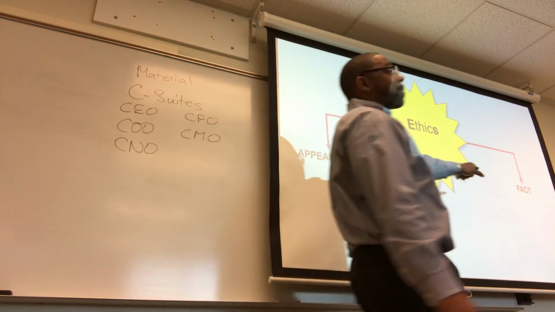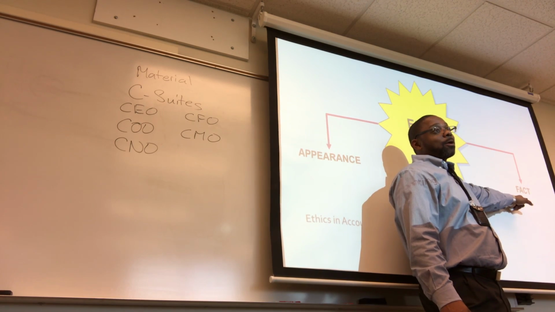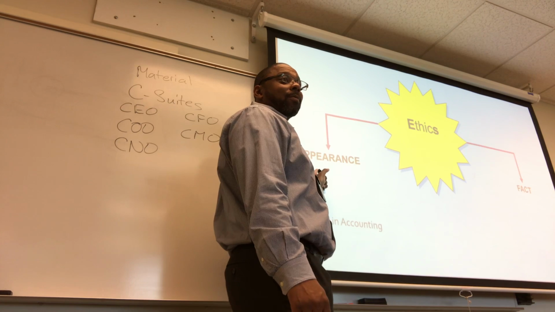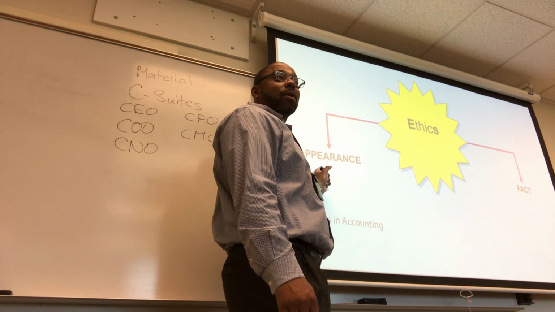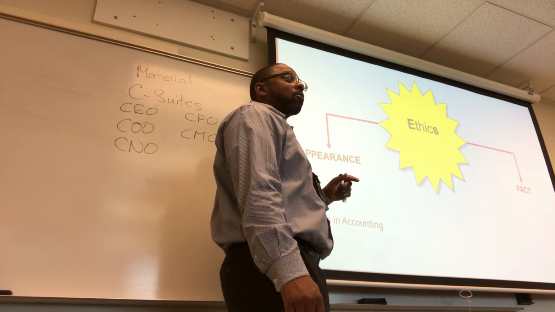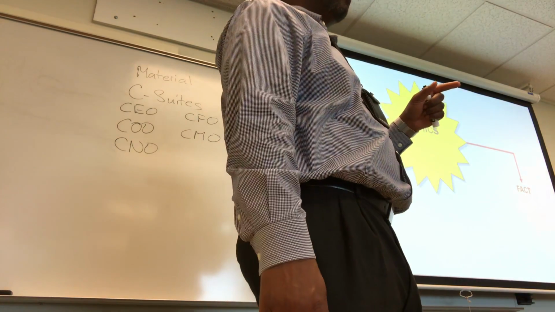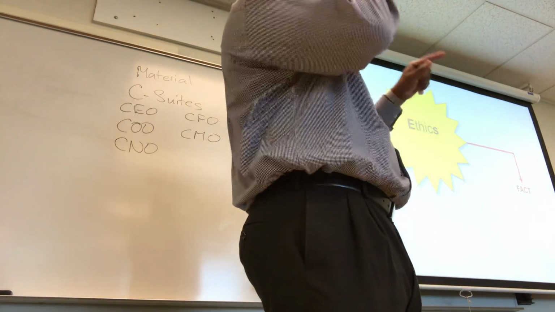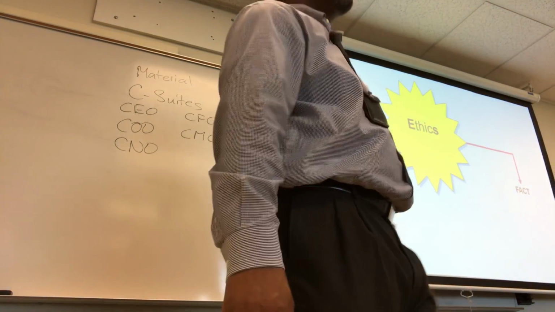You look like you're there for a withdrawal. Oh yeah, but not a legal one, right? So the fact might be you do have an account, you just want to make a withdrawal. But you look like you're robbing the joint. So excuse us in Loudoun County if we call the police. Everybody with me so far? So in accounting, you not only have to tell the truth, you have to look like you're telling the truth.